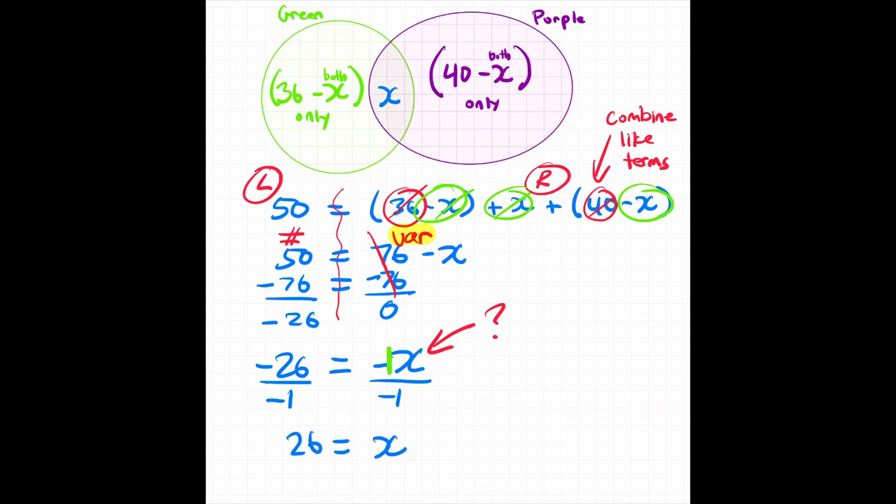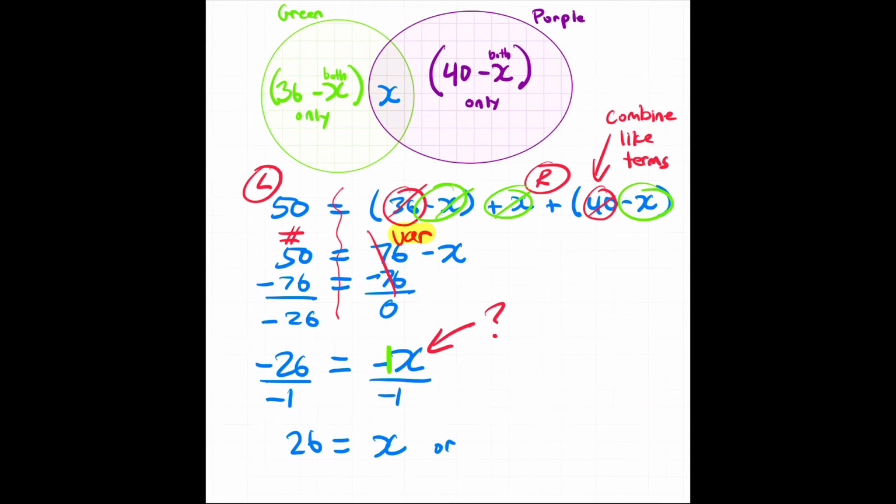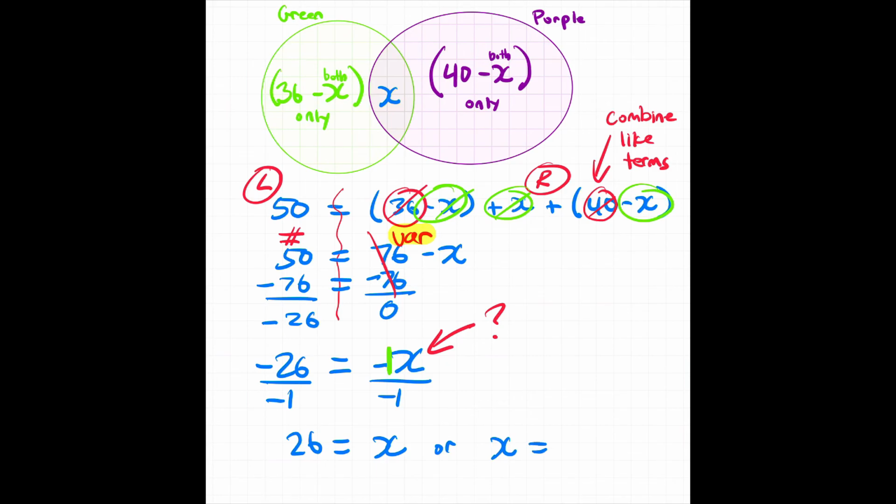And negative divided by a negative is a positive. But again, I don't need to write that positive sign. Now, most people don't leave it like this, where it's 26 equals x. The usual way to see it is x equals 26, but really they mean the same thing.